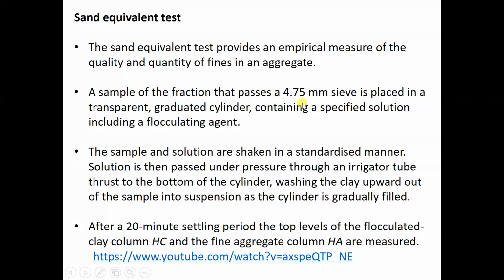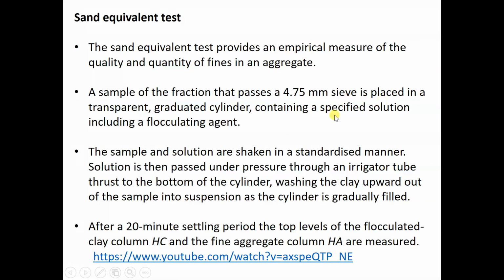This 4.75 is the fine aggregates, like sand. I think the sand is alright, but we don't want too much clay, because clay is considered a contaminant, which is undesirable for the pavement.